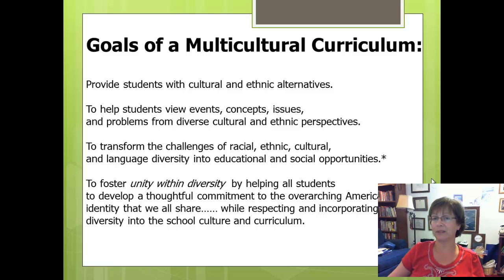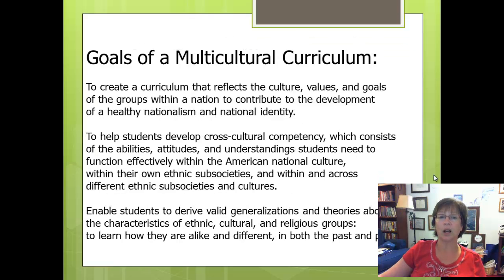And how can we respect our differences in order to celebrate the fact that we're all American citizens? So that's really what you're striving for. So you are respecting the differences, but also using the differences in order to build a stronger community. And that's something that you can do no matter what subject level you might be teaching in school.